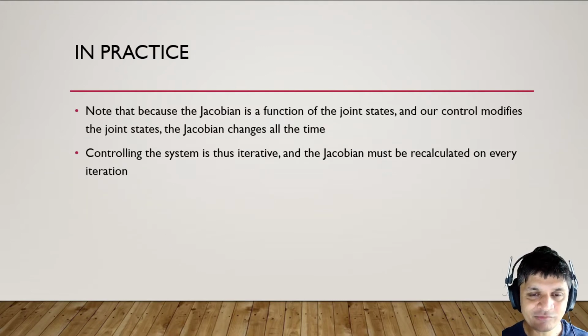So what that means is that we have to iteratively control our joints. At every time step, we're recalculating the Jacobian, and we're then recalculating our joint velocities based on the new Jacobian. And what you'll find in practice is that you can end up with sort of wavy motion instead of straight motion.